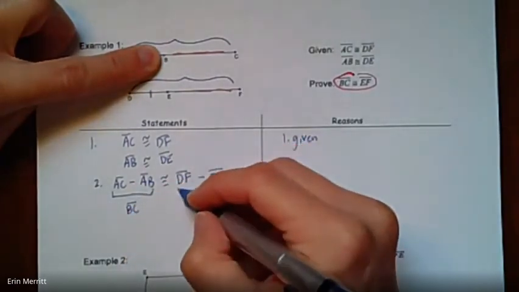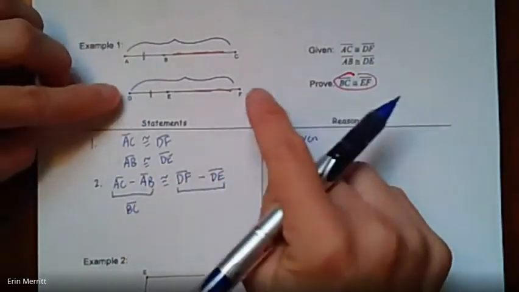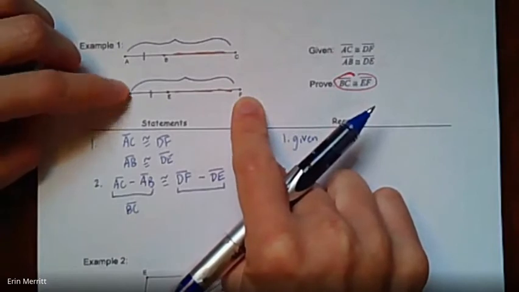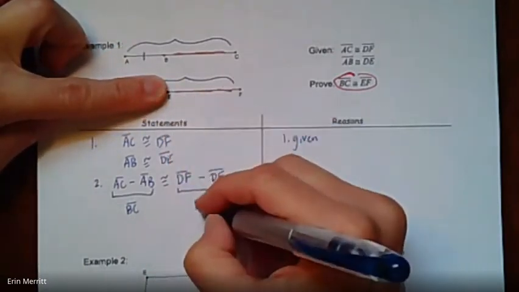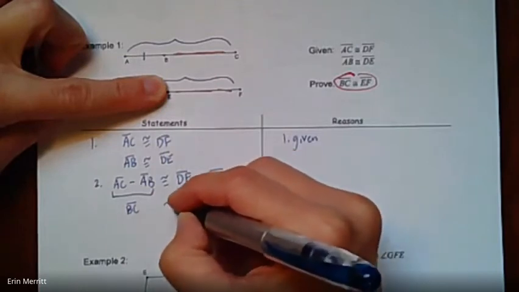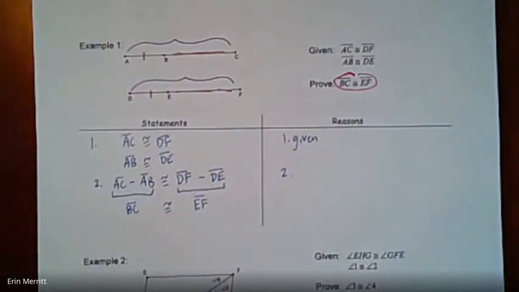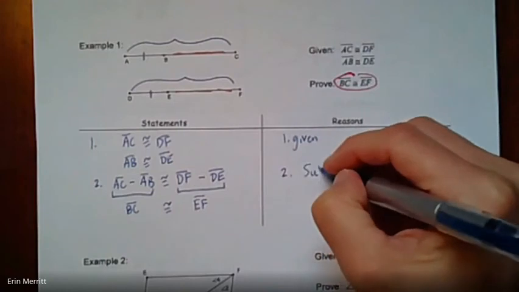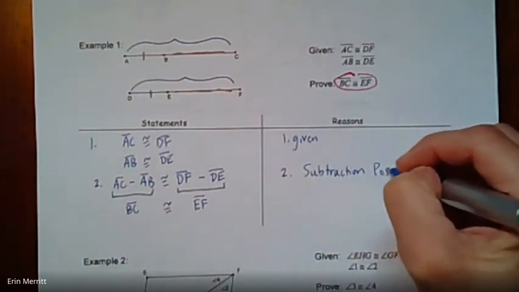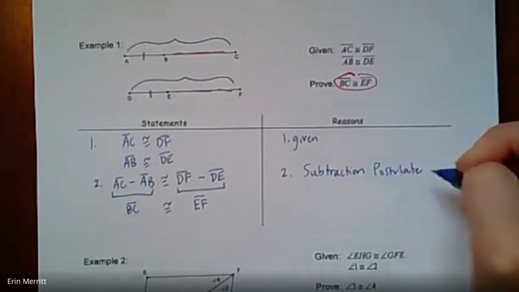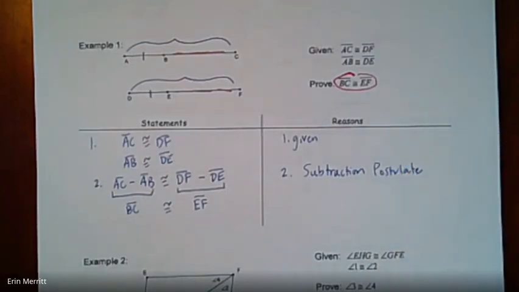All right, and then following the same logic for the second one, the entire segment DF, remove DE from it, and I'm staring at EF right there. All right, so the subtraction that took place is called the subtraction postulate. There we go.